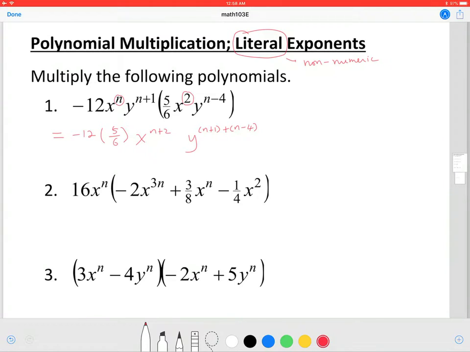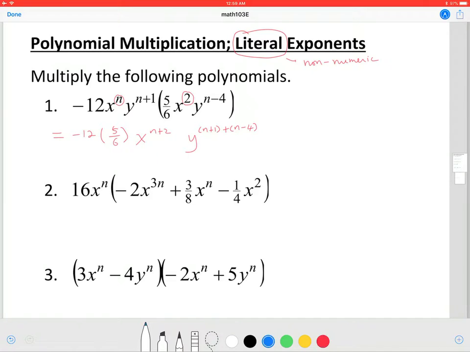Okay, what I just wrote there, those couple of parentheses are not necessary, but I'd like to do that because I hope you understand why. You can see where each exponent came from, rather than just writing n plus 1 plus n minus 4 without any parentheses, which looks a little bit more confusing. All right, we're almost done.